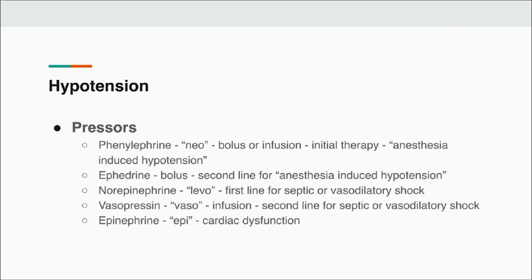So when we talk about hypotension, we're obviously going to be using pressors to alleviate the hypotension and maintain adequate perfusion pressure. And again, we almost always, in all of our anesthetics, have some degree of anesthesia-induced hypotension. So it's fairly routine for us to give at least small boluses of phenylephrine or neosynephrine during a general anesthetic.